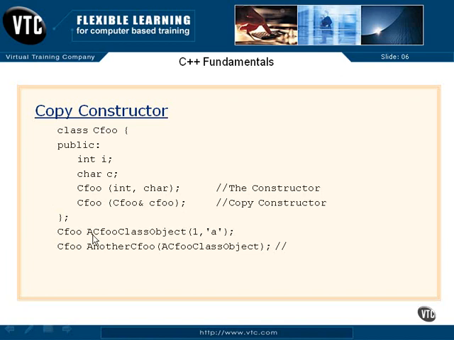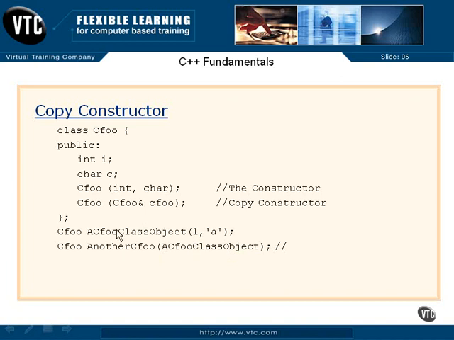So here we create a cfoo class object of type cfoo. We already know that, 1 and a, no big deal. Here we create another cfoo, but we are initializing it with the existing acfoo class object that has the 1 and the a in it. That's being passed in.